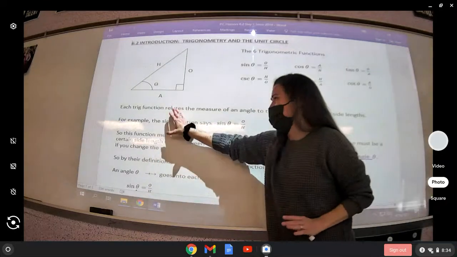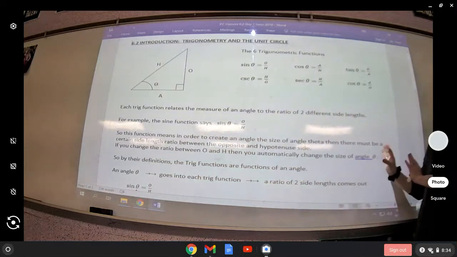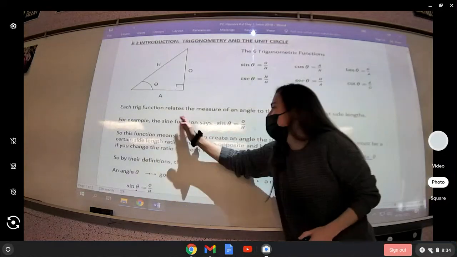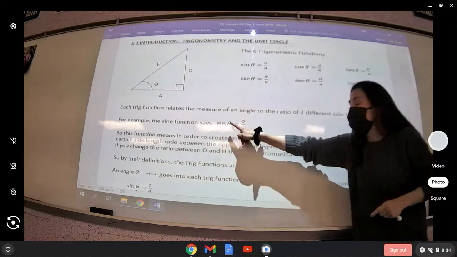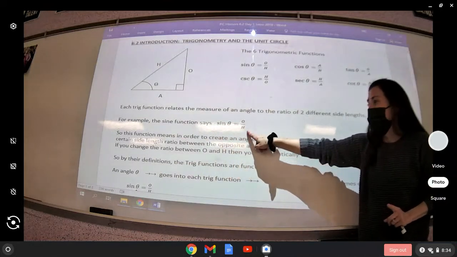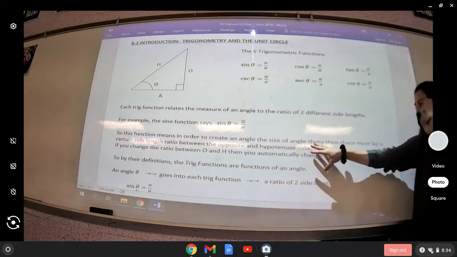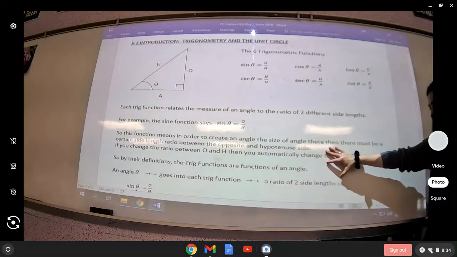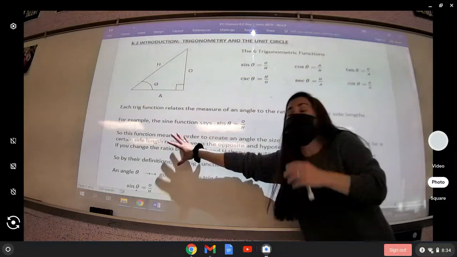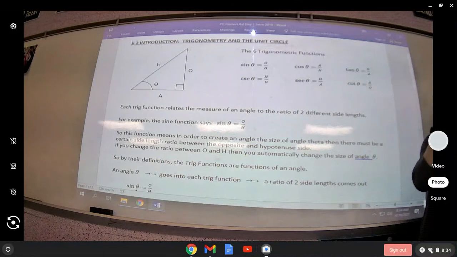Each trig function relates the measure of an angle to the ratio of 2 different side lengths. So for example, the sine function says the sine of an angle is equal to the ratio of O over H. So this function means in order to create an angle the size of angle theta, then there must be a certain side length ratio between the opposite and hypotenuse side.